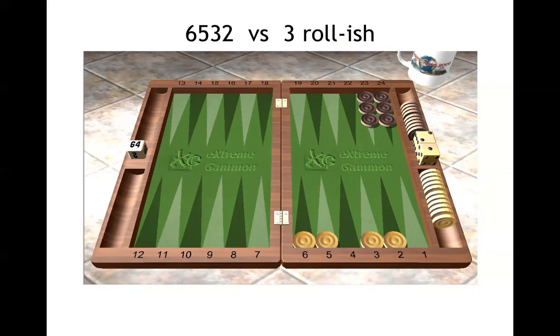I say 3 roll-ish because a pure 3 roll would have them all on the ace point. Mainly the subtle difference is that if white rolls double ones and then two 1s in a row or something, he won't get off.